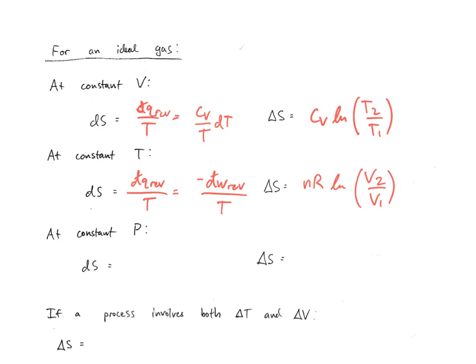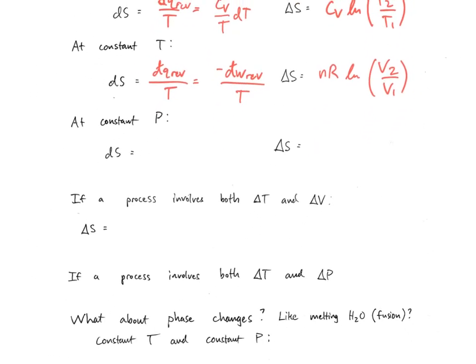All right, and then you haven't seen this one yet, but I'll show you how you would do the calculation at constant pressure. It's very similar to the calculation you would do with constant volume.